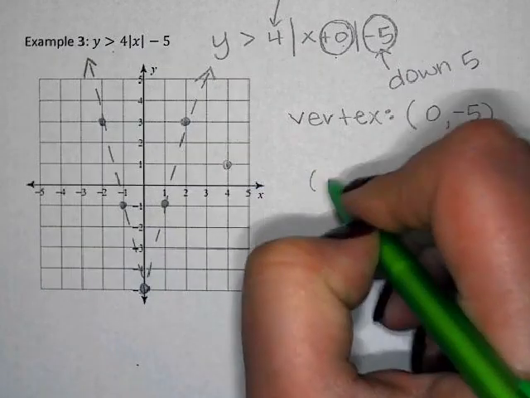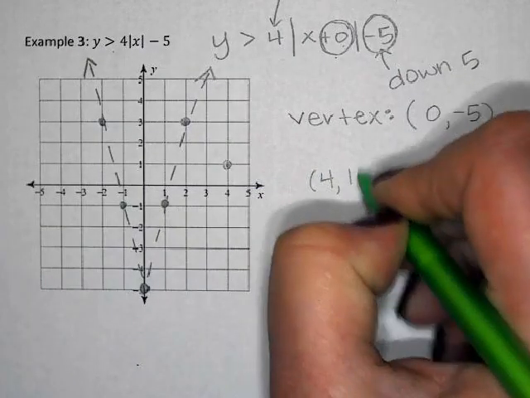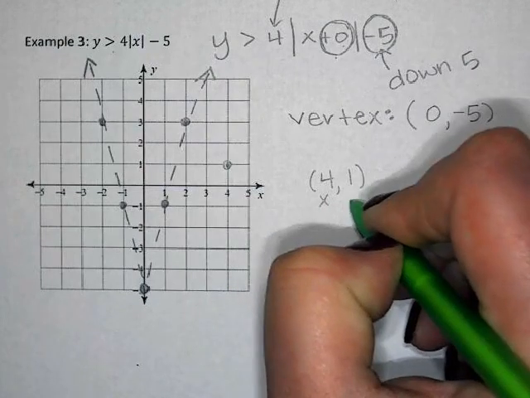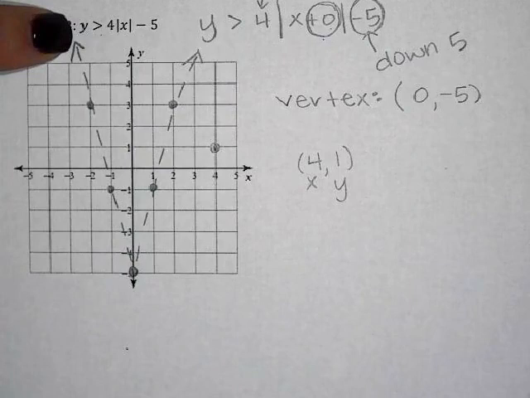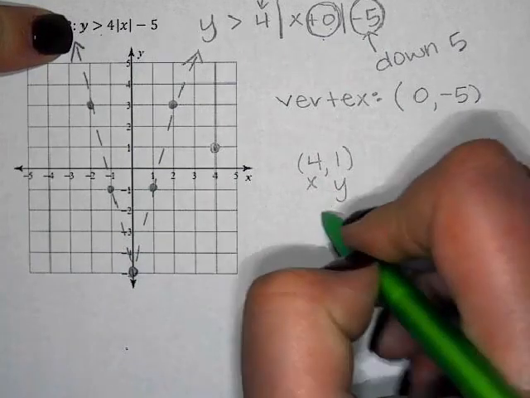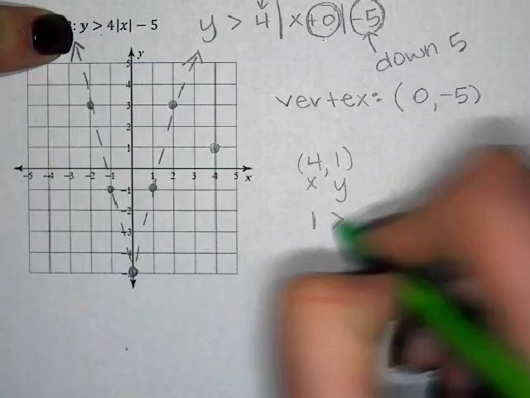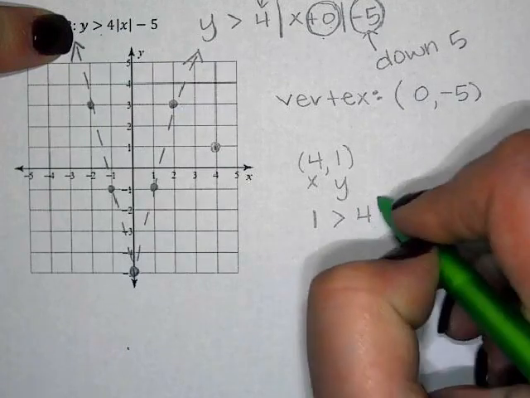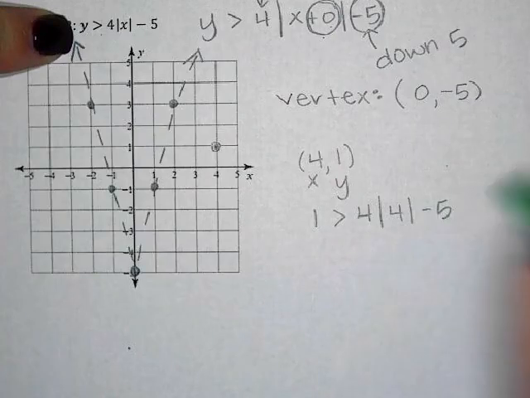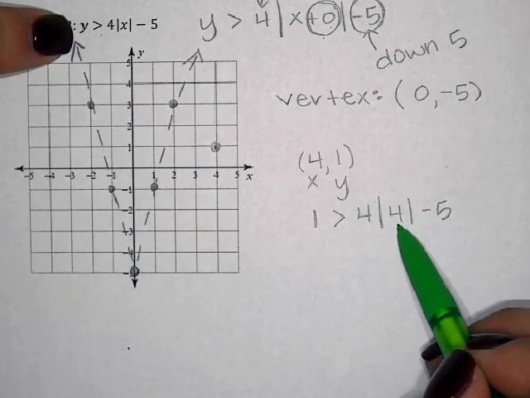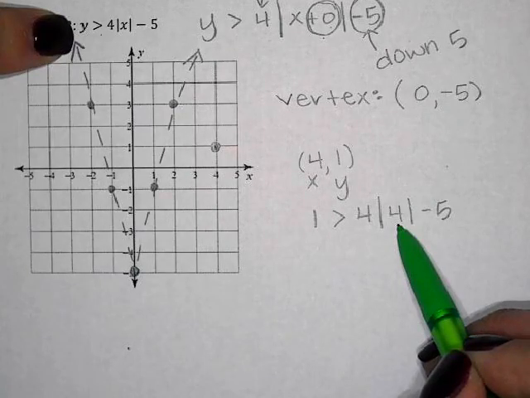And I'm going to take my inequality and I'm going to plug it in. So 1 for Y is greater than 4 times the absolute value of 4 minus 5. Okay, can somebody remind me what an absolute value symbol does? It doesn't make it 0, but it does make it do something. It always makes it positive. Okay, so now because of the absolute value sign, we're going to make it positive.